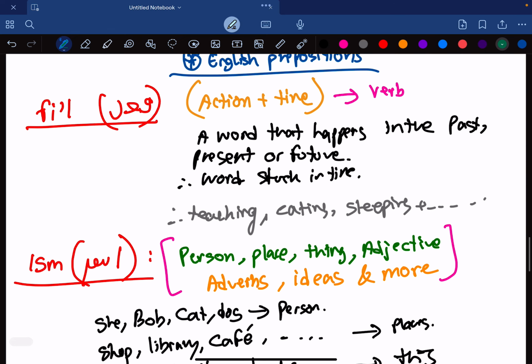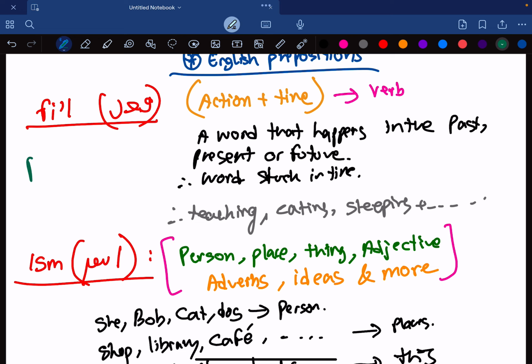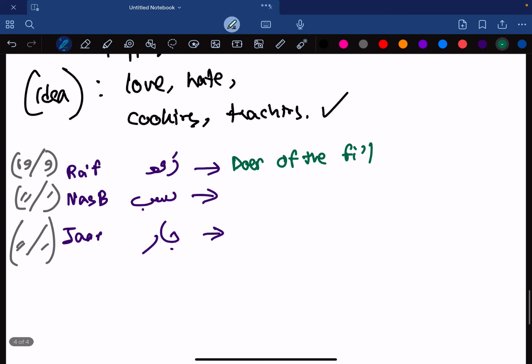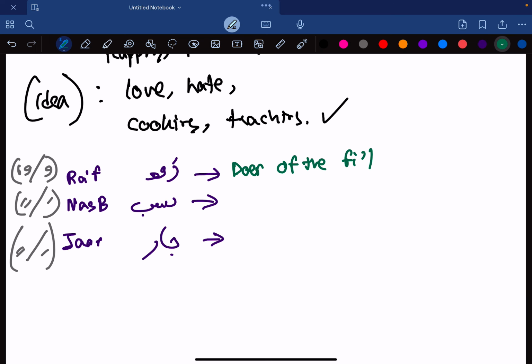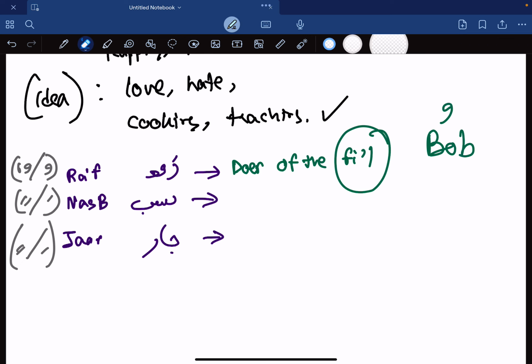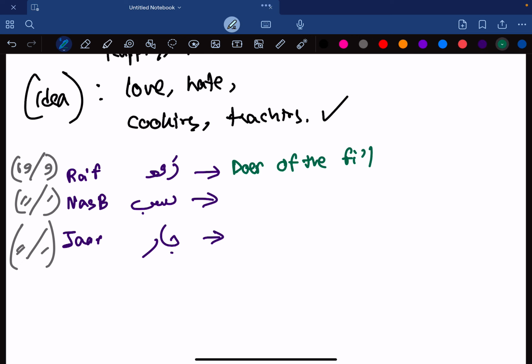So if I say, let's say, Bob is sleeping. I want to give examples, but let's say Bob is sleeping. Sleeping is the fi'l. Who's the doer? Bob. So Bob, whatever Bob is, we're gonna have a dhamma on top of it. We'll come to the example. Just note this down. Don't worry about the details. I'm gonna come to that.